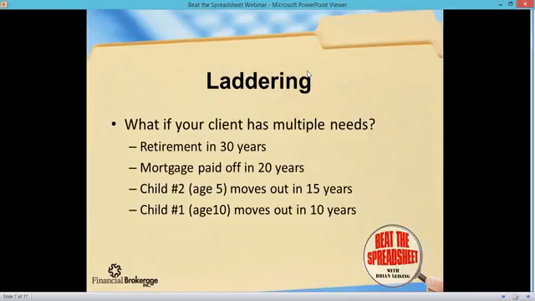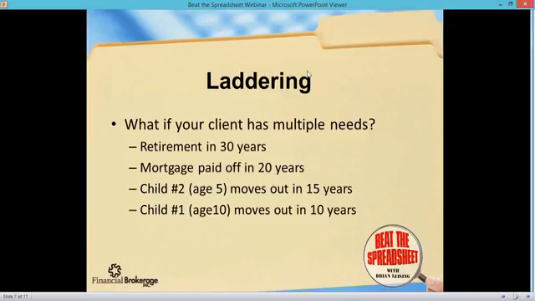Plans to retire in 30 years, so we need some income replacement for a full 30 years. And this person has 2 children. One is 5, and we're going to assume this 5-year-old is going to be moved out of the house in 15 years. So we're not going to need to support that child at that point in time. Same thing for the 10-year-old in the household. We've got 10 years of support, of income replacement, and then that need will also go away.